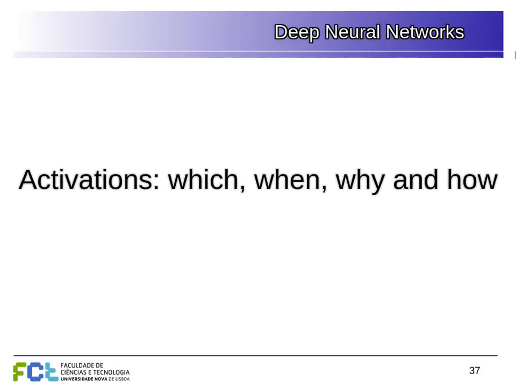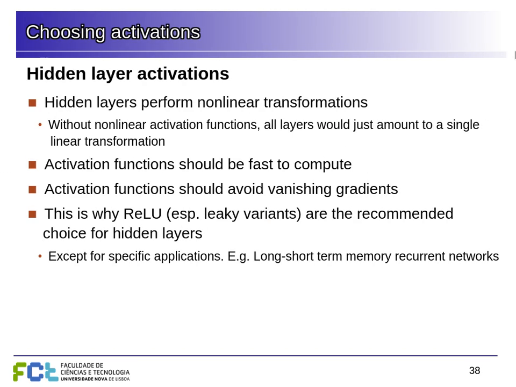So, which activations should we use and why? In the hidden layers, what we want is a nonlinear transformation. We need that, otherwise there's no point in stacking the layers. But it should be fast to compute, and it should not be subject to that vanishing gradient. So, rectified linear units are good. If you use the standard rectified linear units, there is the danger of dying during training.